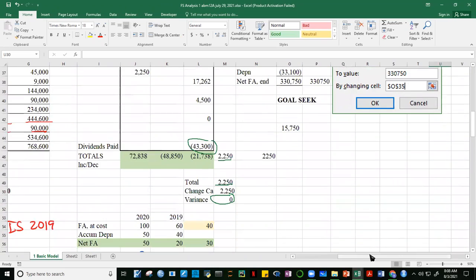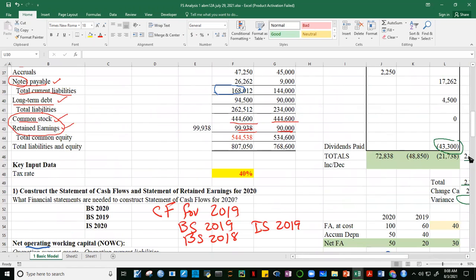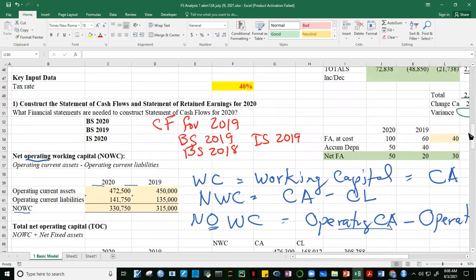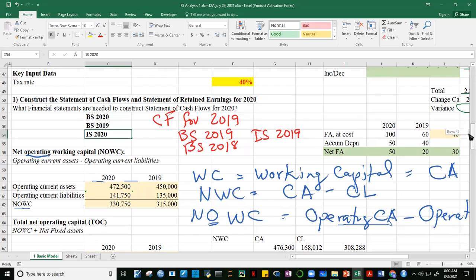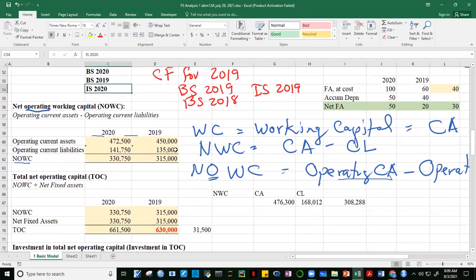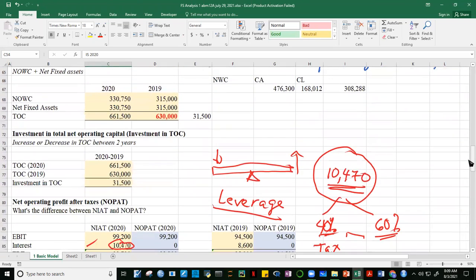And then, a reminder lang guys, in order to construct the statement of cash flows, kailangan natin ng balance sheet of the current year and the previous year, and the income statement of the current year. And then we ended up with this, yung sinummarize natin kanina.